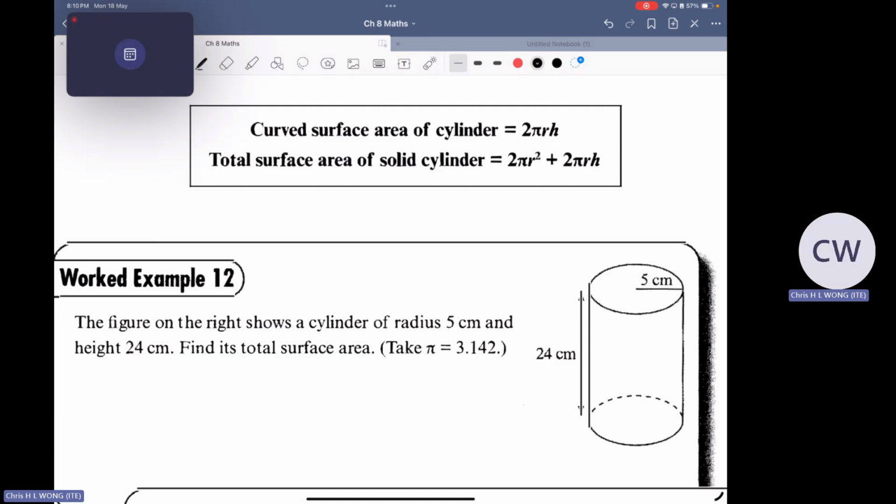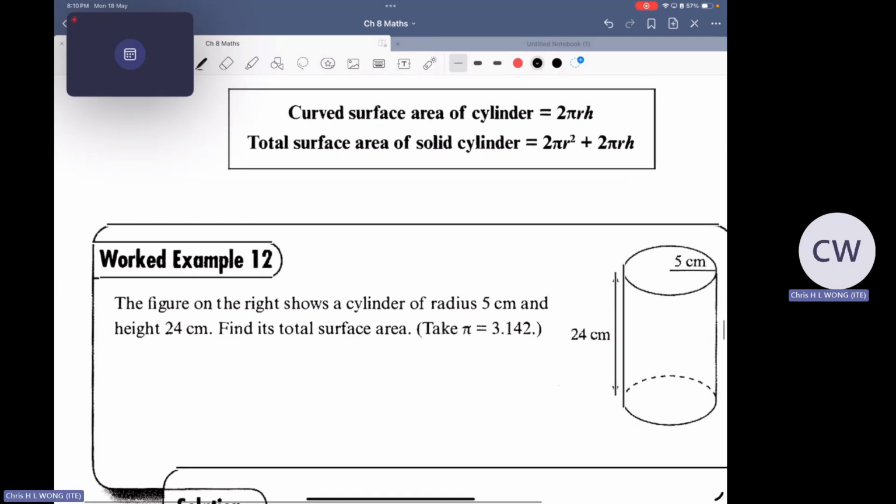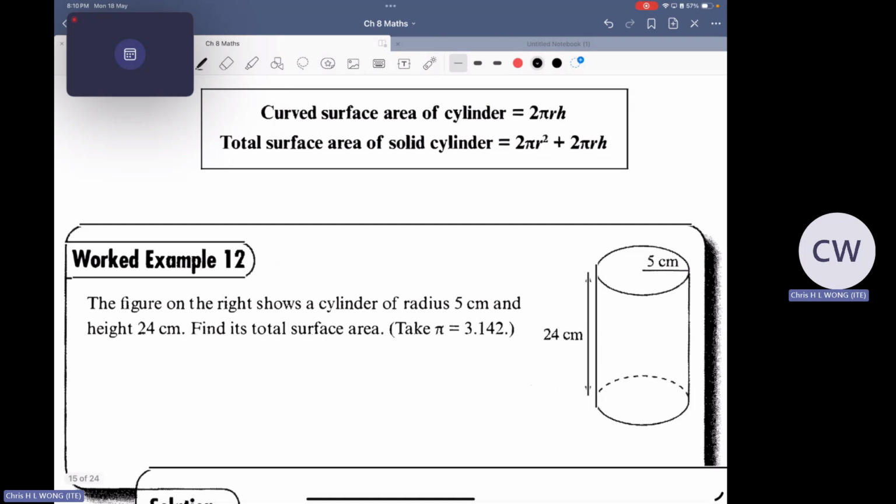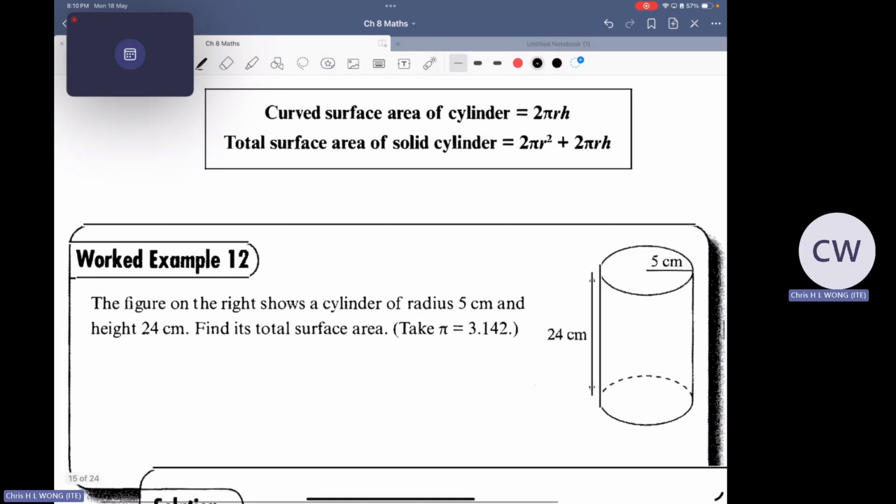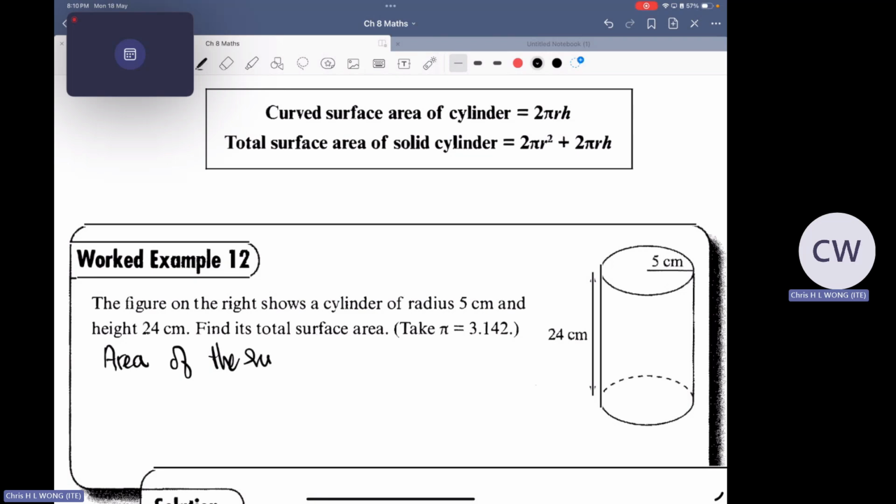All you need to do is use 2 pi r, the circumference of the circle, times the height, which is the rectangle. Area of the surface of the cylinder equals 2 pi r h.